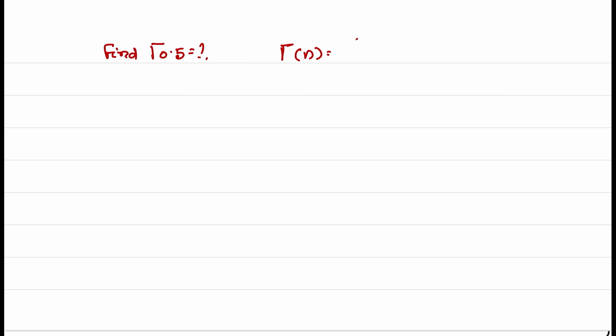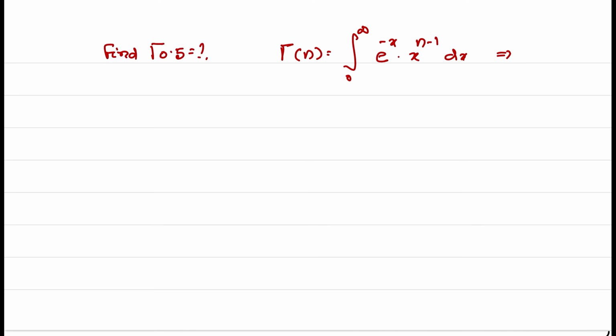Now we have to find gamma 0.5 is equal to how much? For any value of n greater than 0, what is the gamma function? Gamma n is equal to integral 0 to infinity e to the power of minus x into x to the power of n minus 1 dx.